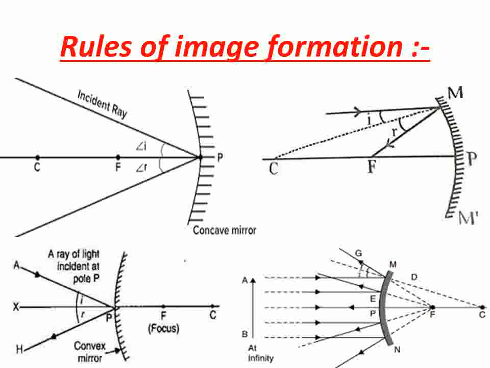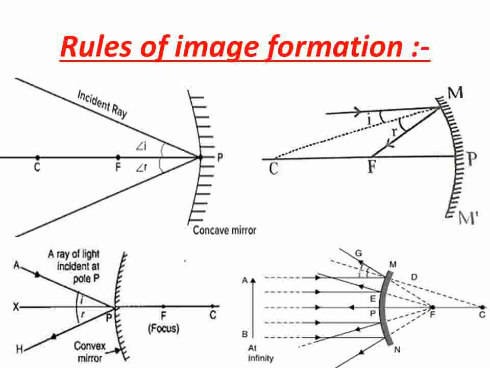Therefore, the incident ray makes an angle I, which is equal to the angle of reflection R, according to the laws of reflection.